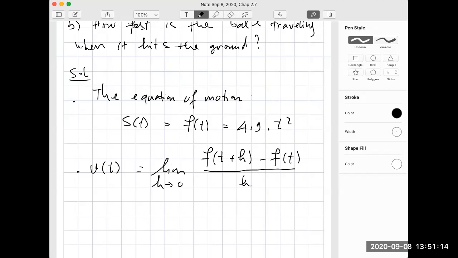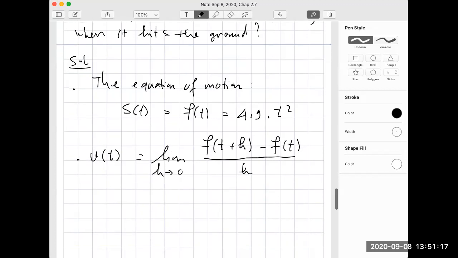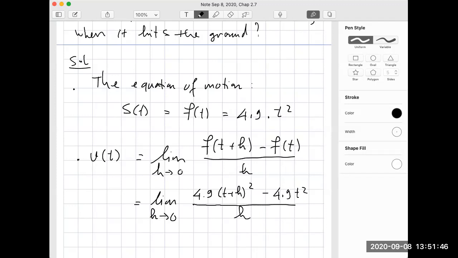Then f of t plus h is 4.9 times t plus h squared, right? We put that into the position equation. And f of t is 4.9 t squared. The denominator is simply the constant h.